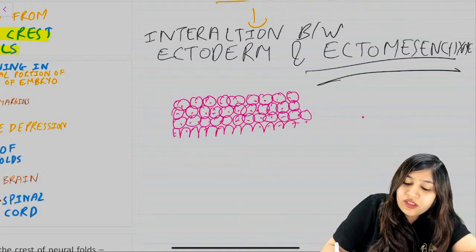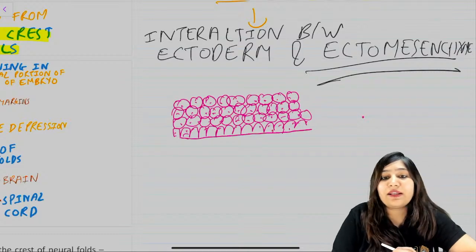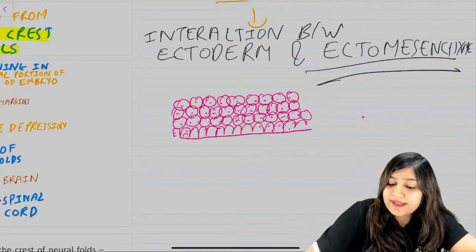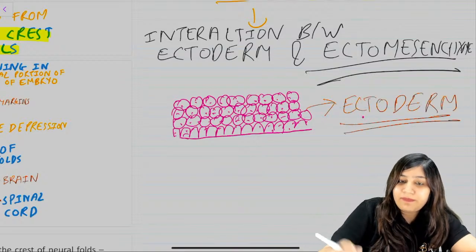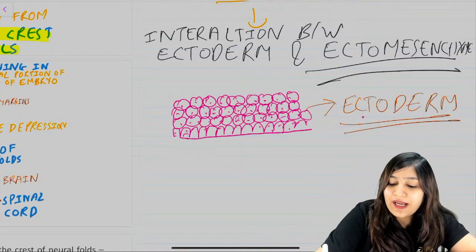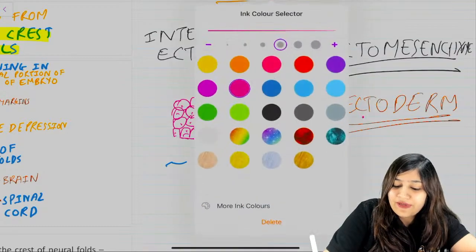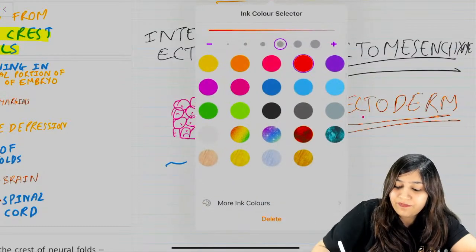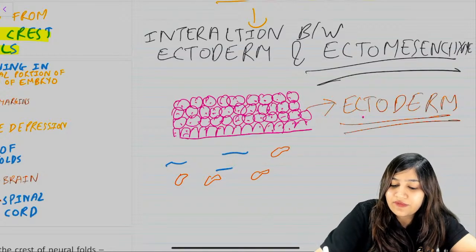So this is our epithelium, this is our basement membrane separating the epithelium and the connective tissue. Which portion is this? Ectodermal portion. And beneath the ectoderm we have our ectomesenchyme consisting of connective tissue, blood vessels, right? Fibers. This is our connective tissue portion.